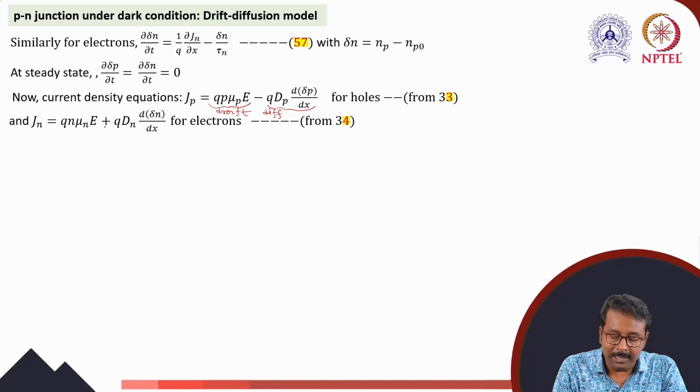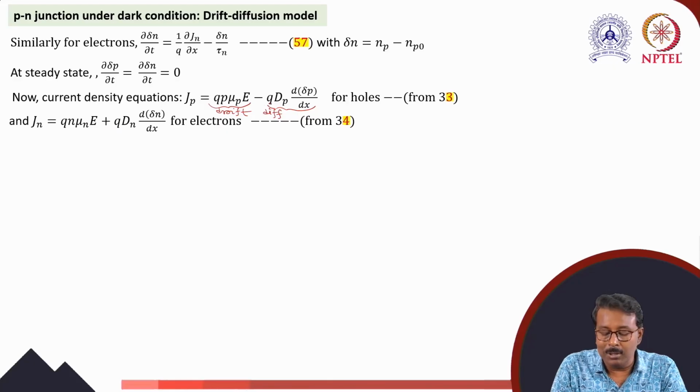A plus sign is there. But remember, electrons flow opposite to the electric field, so one negative will come here. Similarly, due to the negative slope, another negative will come here. So negative, negative, ultimately they are in the same direction, and they are also additive. The direction of this current Jn will be negative, and if you put the value of q for the electron, it again becomes positive.